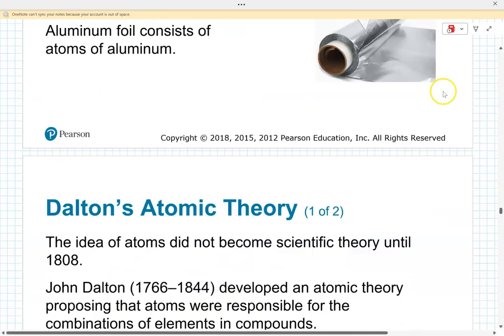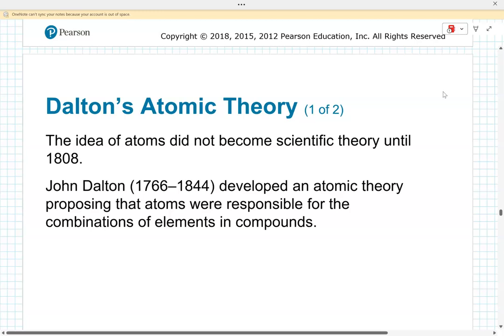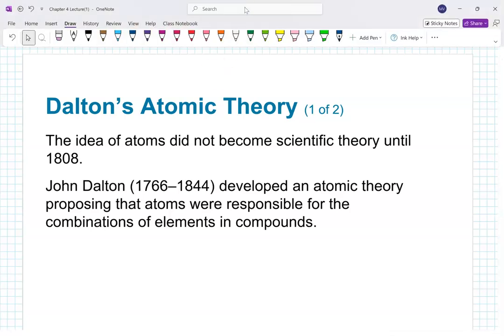Does that make sense? So technically the first idea of atoms was by Democritus, in ancient Greece, but the actual appropriate atomic theory was formulated by John Dalton. Yes, Daltonism or color blindness was named after him.